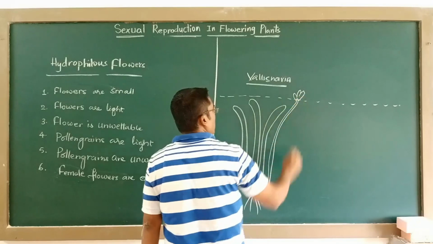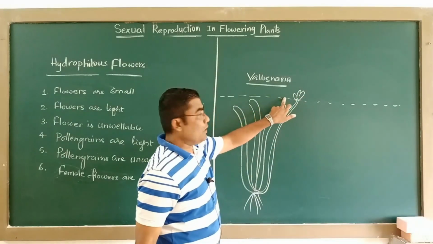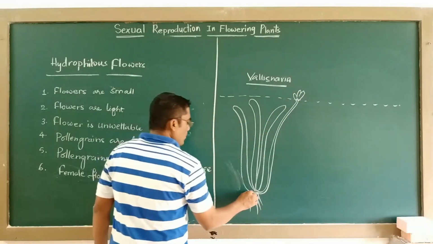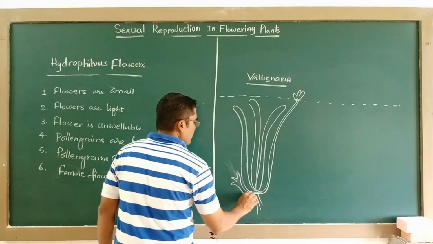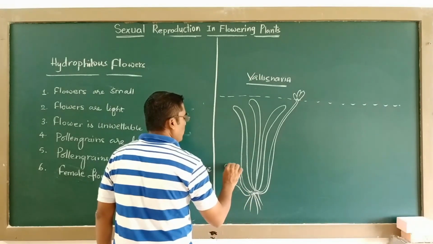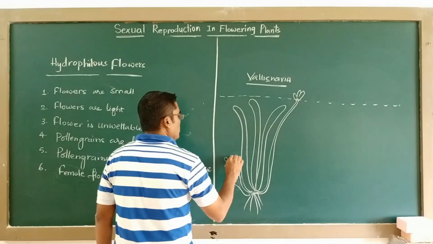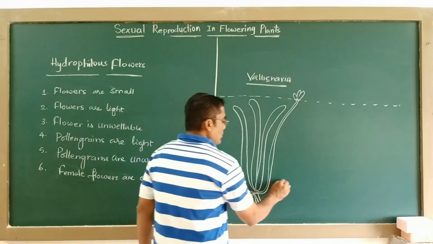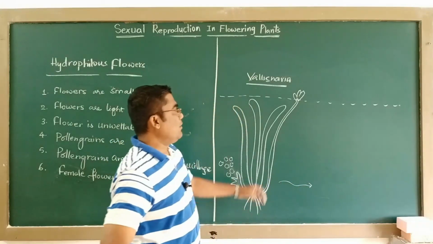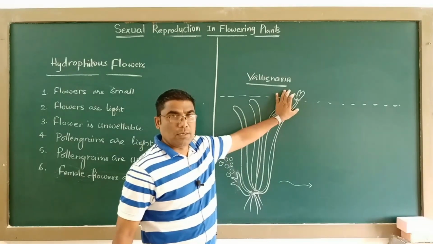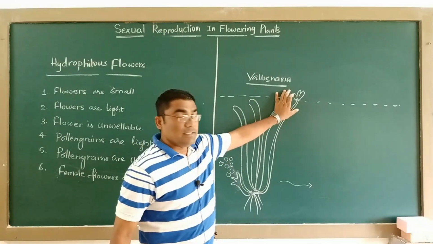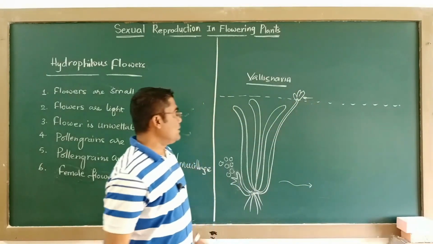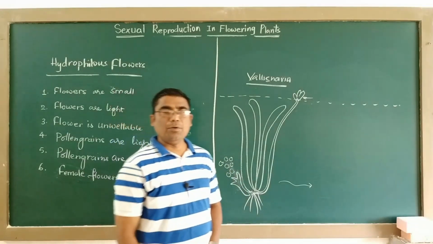By producing a bigger stalk, they reach the surface of the water body, and on the surface they start to float. Male flowers are smaller in size and they produce a large quantity of pollen grains. These pollen grains are very easily released in water, and the female flowers, which are very well exposed, receive the pollen grains. Like this, Vallisneria performs hydrophily.